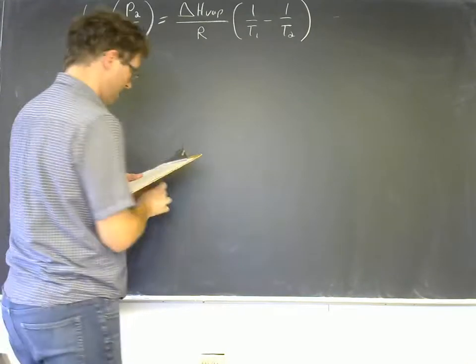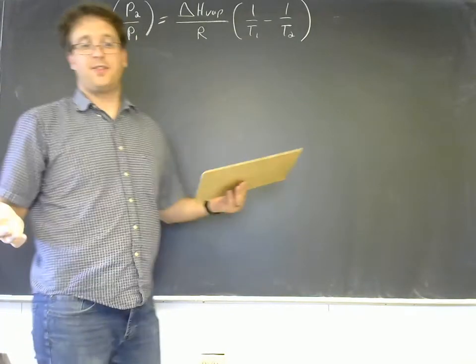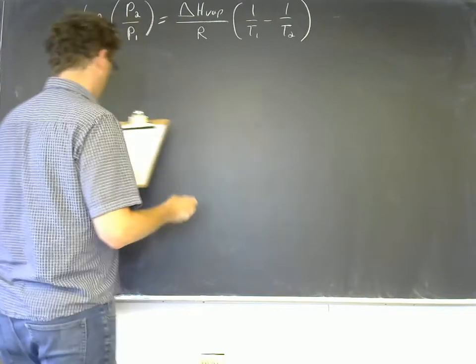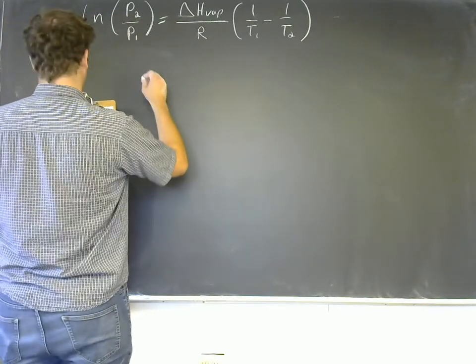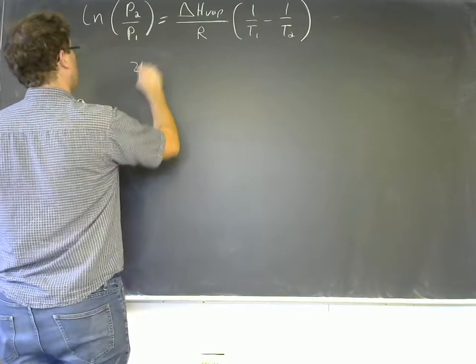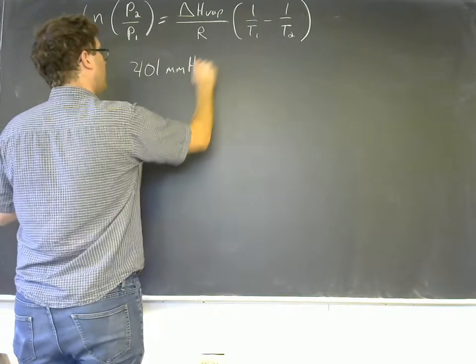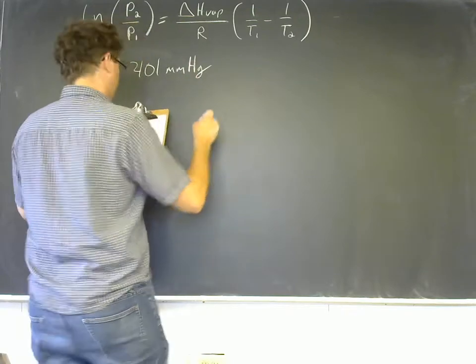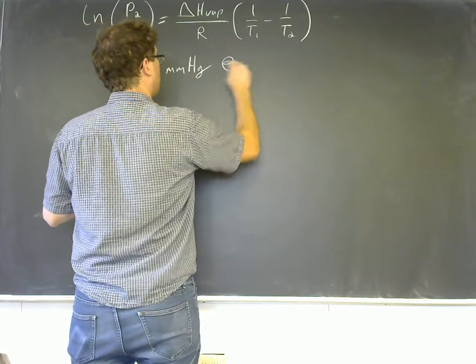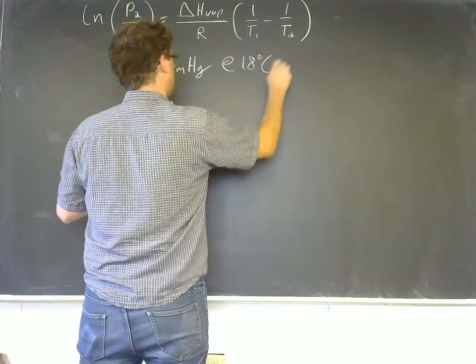Okay, so diethyl ether has a vapor pressure of 401 millimeters of mercury at 18 degrees Celsius.